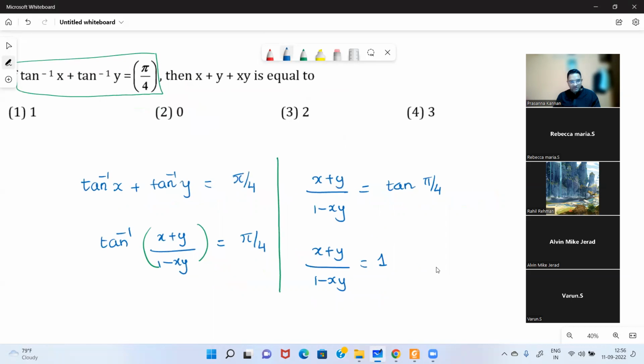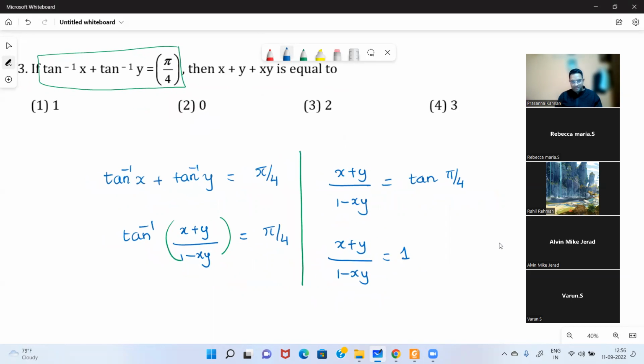So now you can cross multiply, correct? That means you can take this 1 minus xy to this side. So basically x plus y will be equal to 1 minus xy. So exactly, you can just bring this xy to this side.